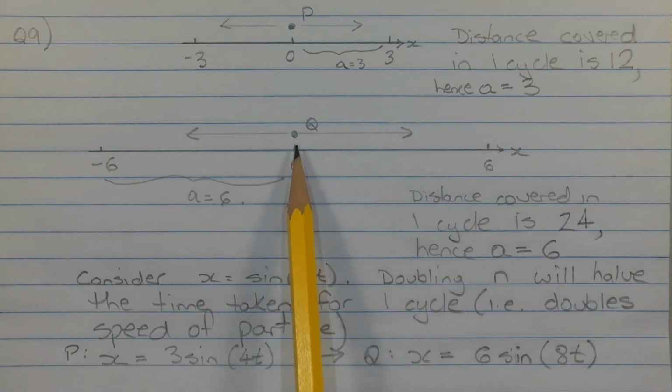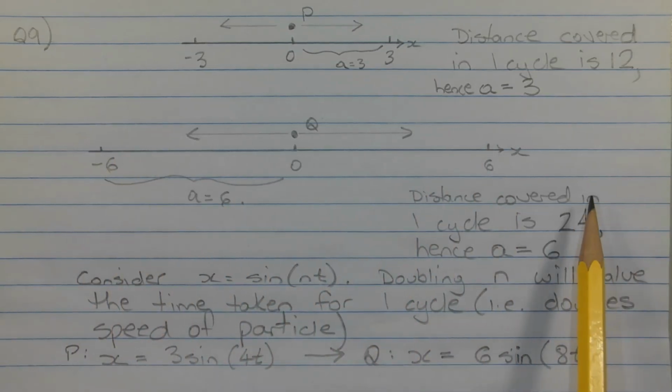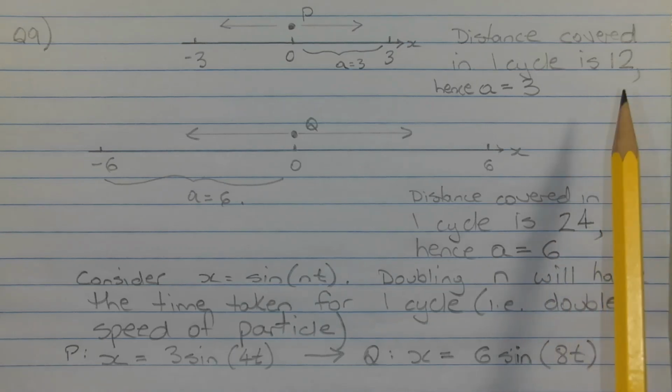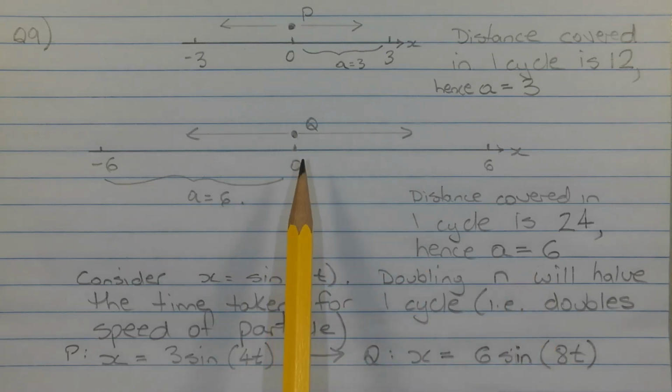So the distance covered is 6 plus 12 plus 6, which gives us 24, which is obviously double 12. Hence, a is equal to 6. If you recall, the amplitude is the distance between the origin and either the maximum or the minimum extent of travel.